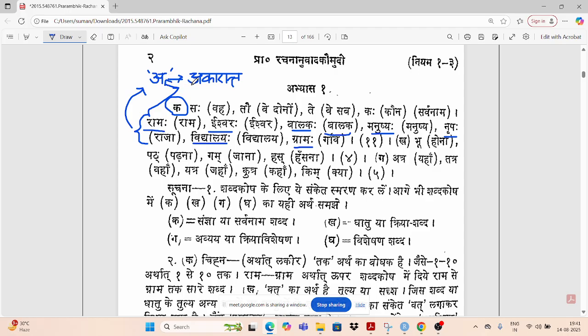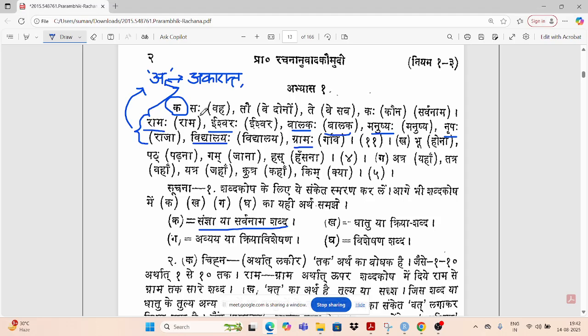Same goes for Vidyalayaha, Gramaha, and all that. So, these are all akaranta, that's one thing. Then these are all prathama, and we will come to that by the way. And these are all sangya or sarvanamas. So nouns or pronouns, rather, sorry, proper noun I should not have said, pronouns.